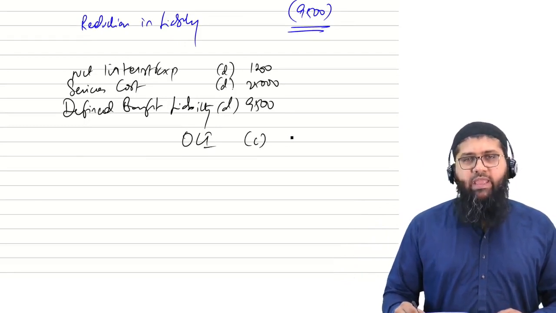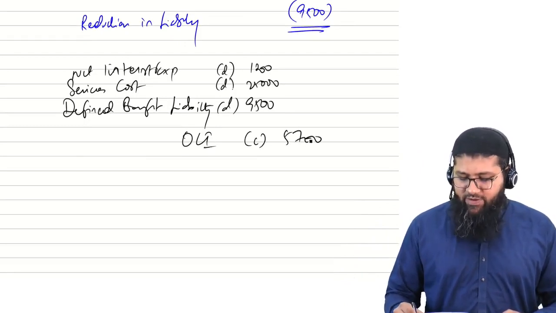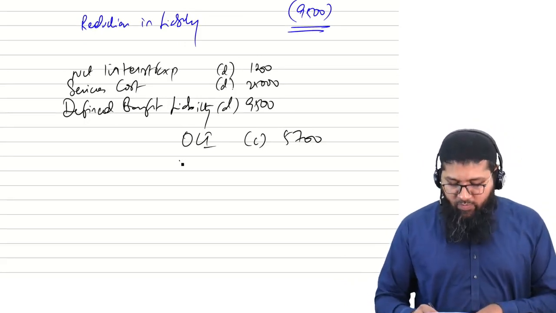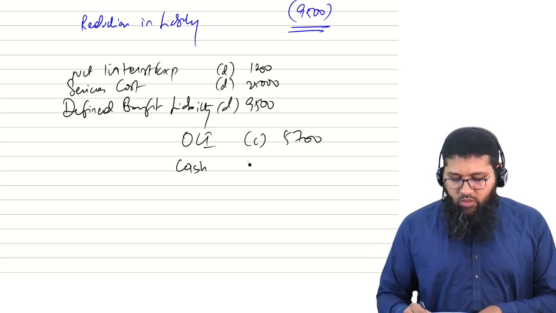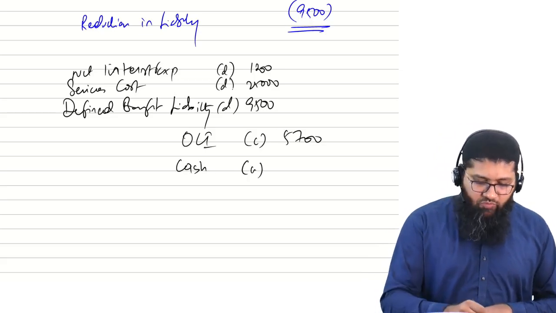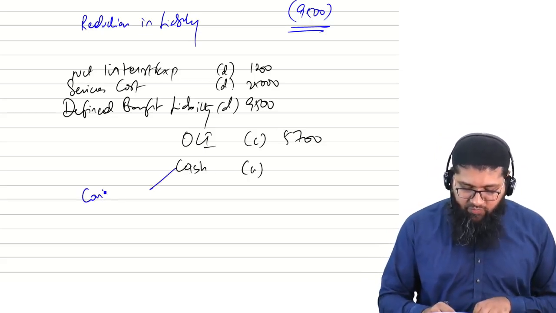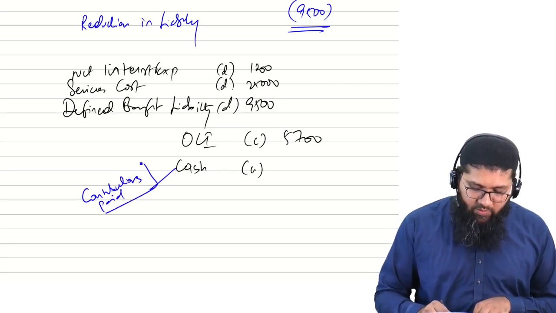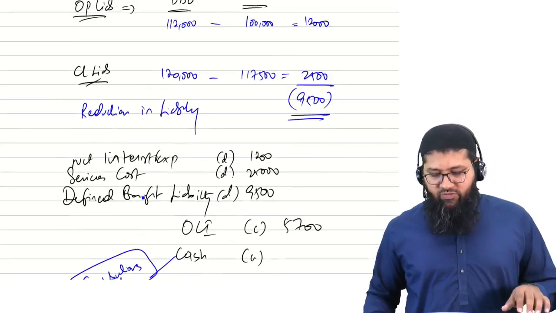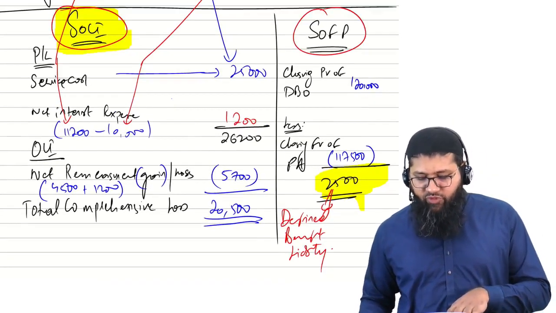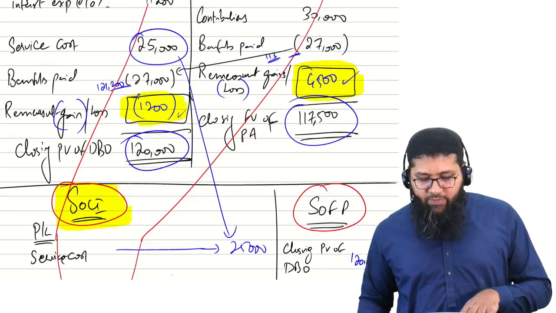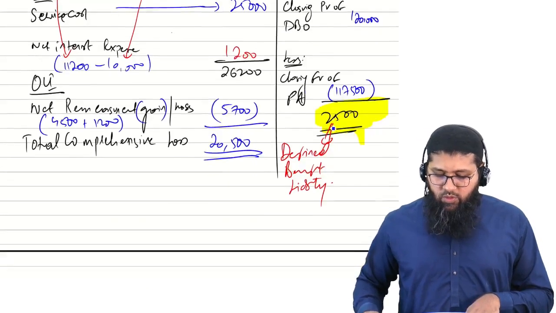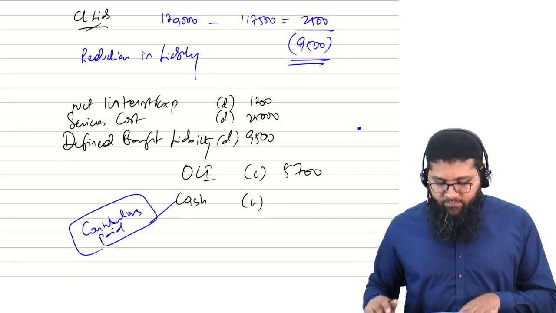The OCI is going to be credited by 5,700. Now what is going to be the remaining figure? It's going to be the cash, which is the representation of contributions paid. So how much contribution have you paid? 30,000.